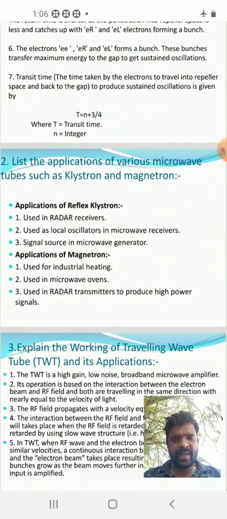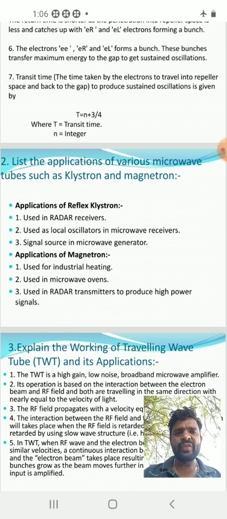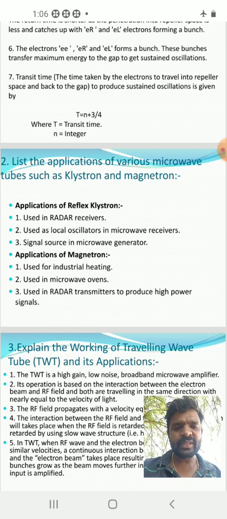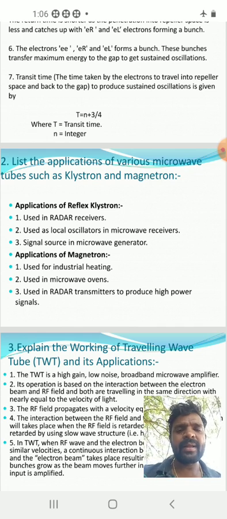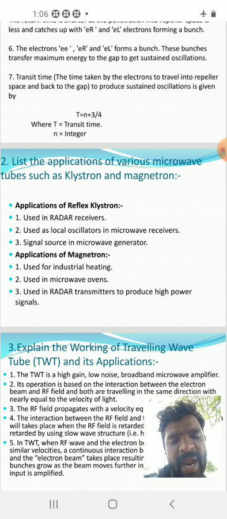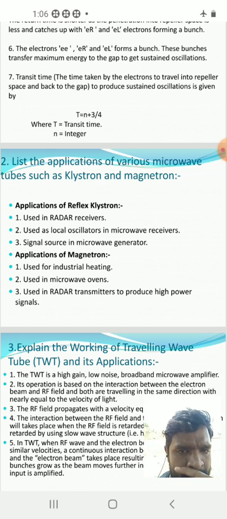Second topic: list the applications of various microwave tubes such as reflex klystrons and magnetrons. Here are the applications of reflex klystrons. Reflex klystrons are used in radar receivers.